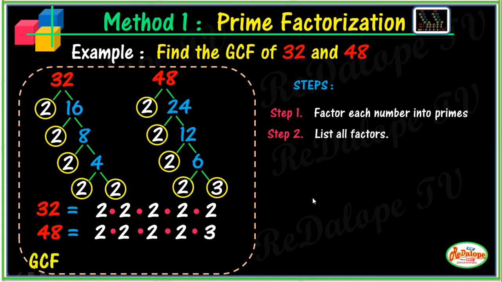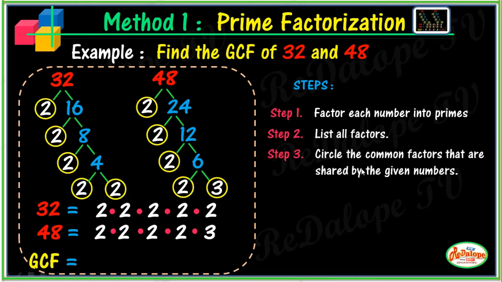And then the next step, we need to find the GCF. The GCF is simply the product of the encircled common factors shared by the given numbers. So we have the first common factor shared by the two numbers, so we list down the 2 here. And then we have the second common factor shared by the two numbers, so we have times 2.